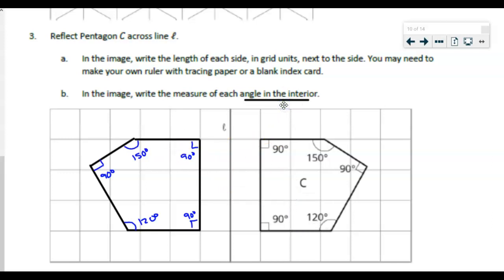So we can see that once again, the side lengths and the angles were the same. So I'm writing that conclusion down. The side lengths were the same measure. And the angles were the same measure.